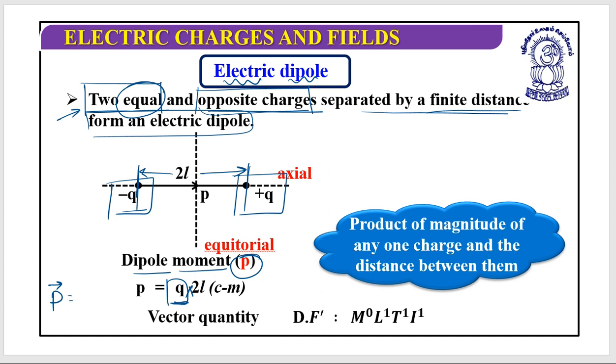As I said, dipole moment is a vector quantity, so this is just the magnitude. p is equal to q into 2l: the magnitude of one charge multiplied by the separation between the two charges. But what would be the direction of the dipole moment? The direction of dipole moment is from negative charge to positive charge.